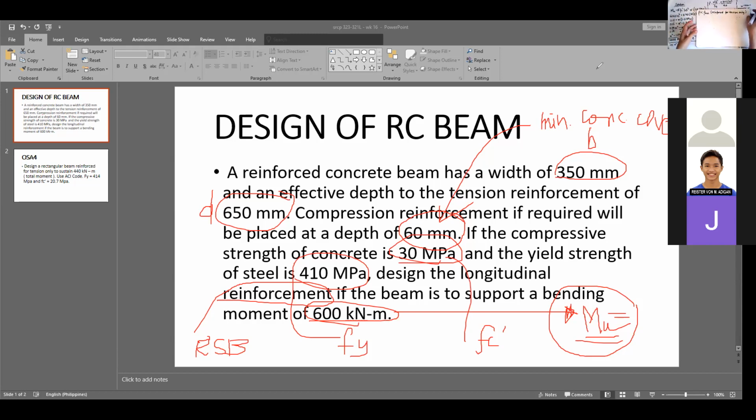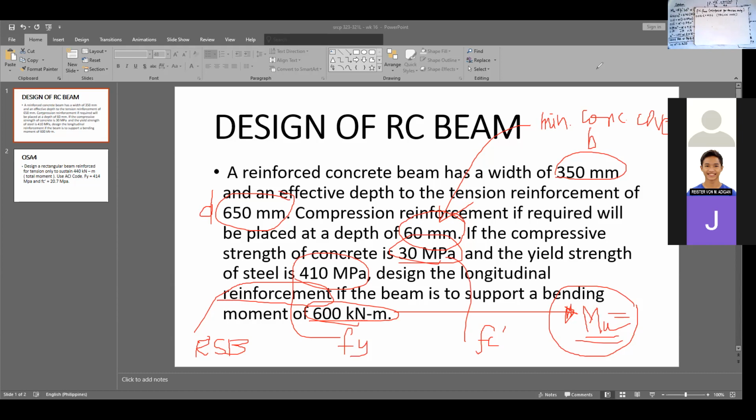But in this case, because we have rho is 0.012, which is less than 0.0236, then that means tension only. So we only need to provide reinforcement at the tension side only. Okay? In that particular case, then you have to continue doing, okay?